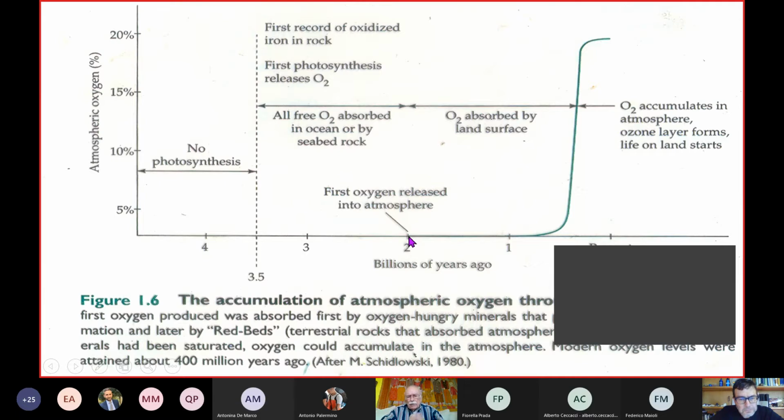Now, about 2 million years ago, you begin the release of oxygen into the atmosphere, but nothing is left because that oxygen oxidizes all the material on land that never saw oxygen before.